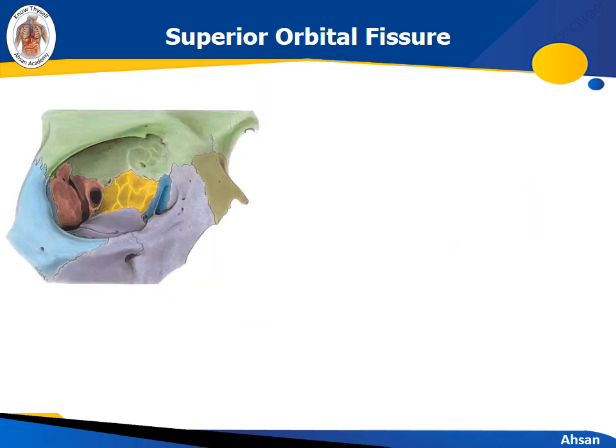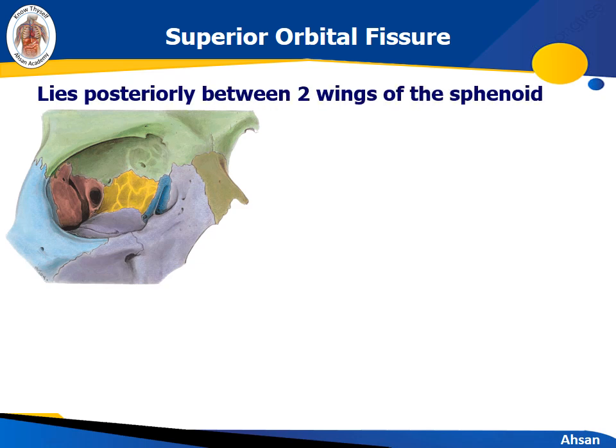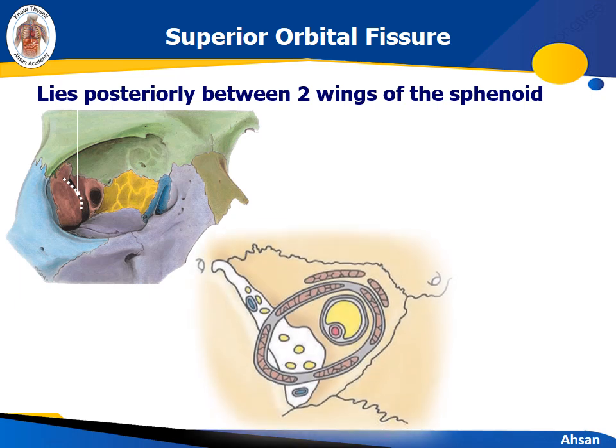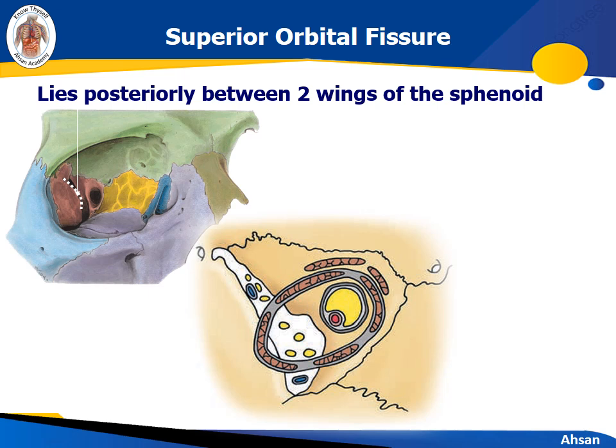The superior orbital fissure lies between the two wings of the sphenoid bone, and it's very important because a number of structures pass through this, and this is the position of the superior orbital fissure shown by the white dotted line. You see, this is the diagram.